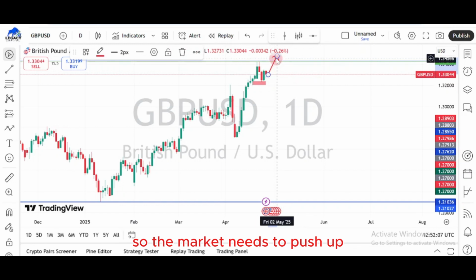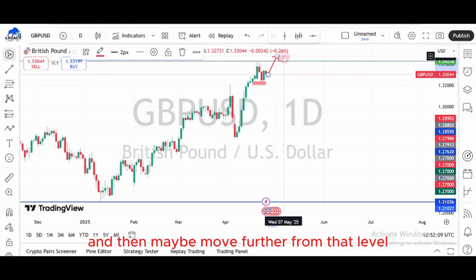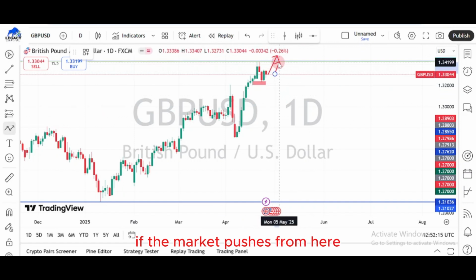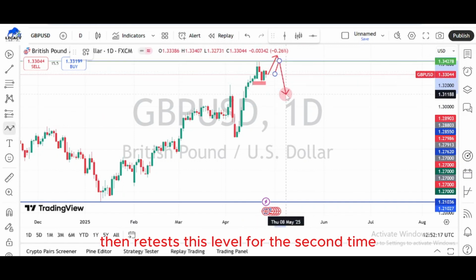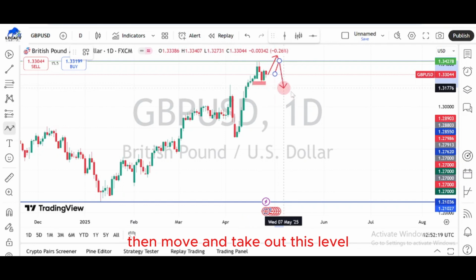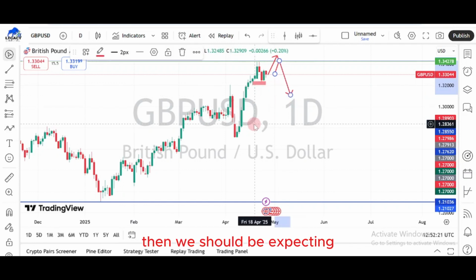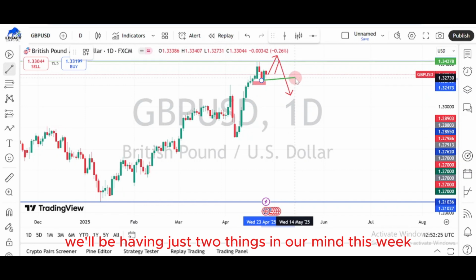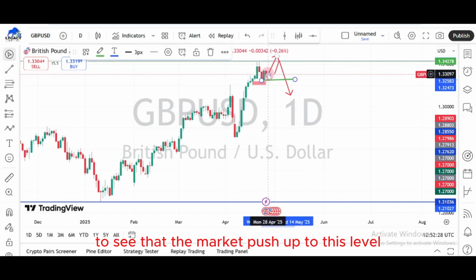So the market needs to push up and then maybe move further from that level. If the market fails to do that, if the market pushes from here, then retests this level for the second time, then moves and takes out this level, then we should be expecting to see a further drop in the momentum.